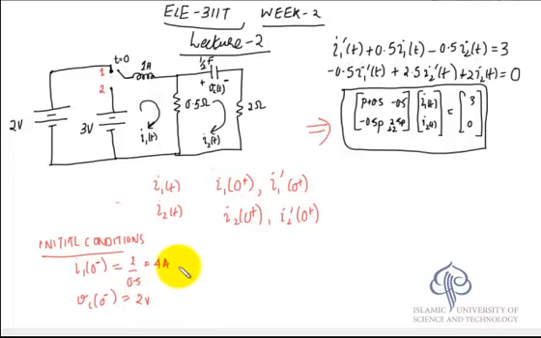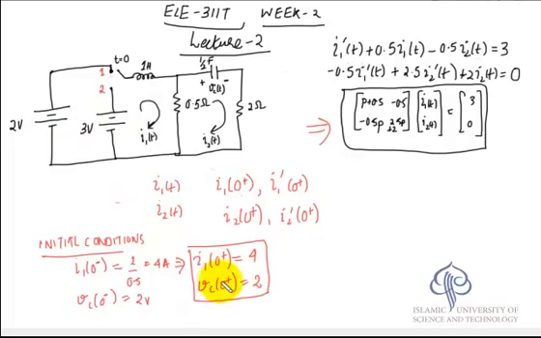So from this information, I1 0 plus is going to be 4 and Vc 0 plus is going to be 2, because the inductor current and the capacitor voltage are going to be continuous, since there is no impulse in the source, as we have seen in detail before.